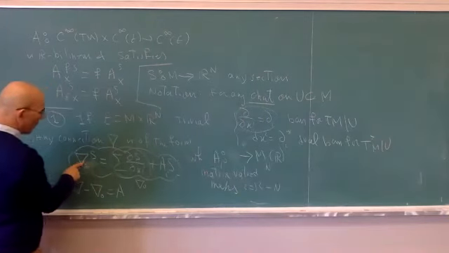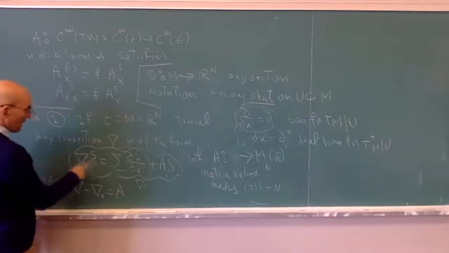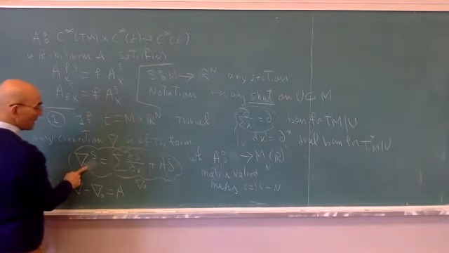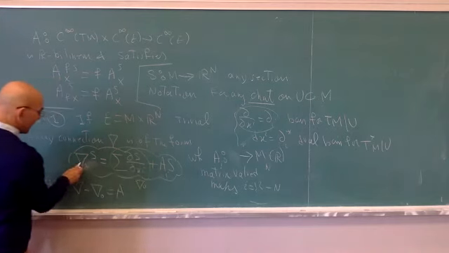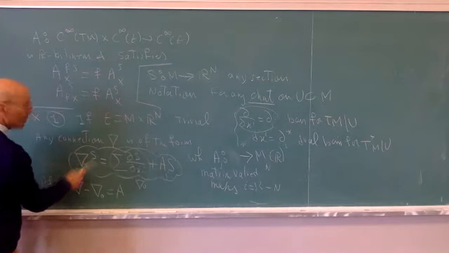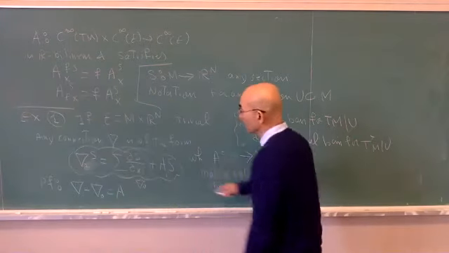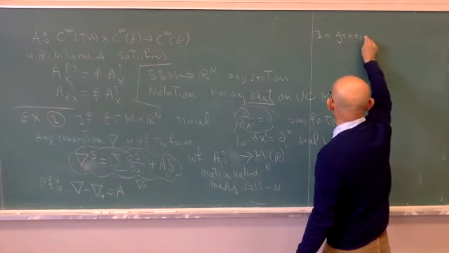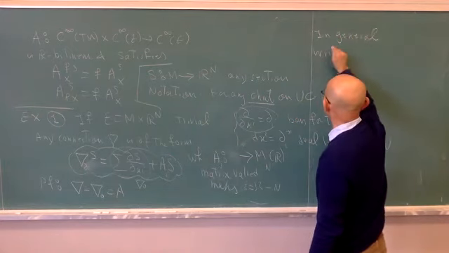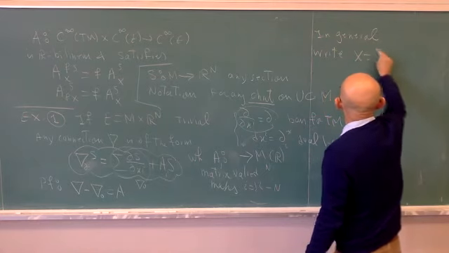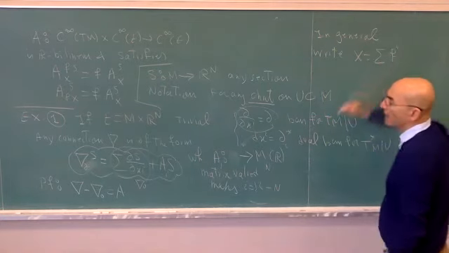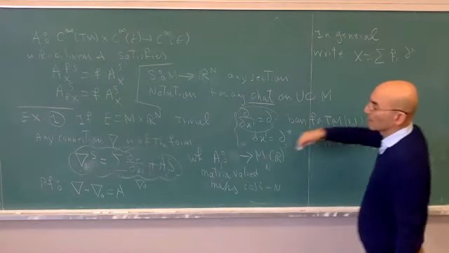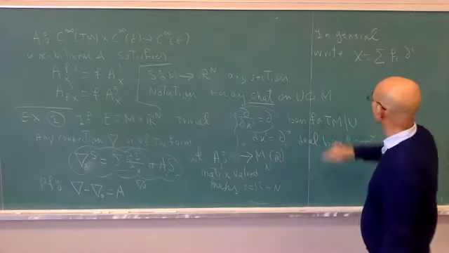So I'm saying that in order to take the covariant derivative of S with respect to these frames, s_i, you use this formula. And then I have to tell you how to extend this definition in general. You just write X equal to the sum of f^i ∂_i, according to this first basis frame.